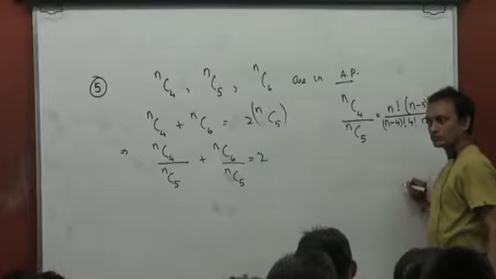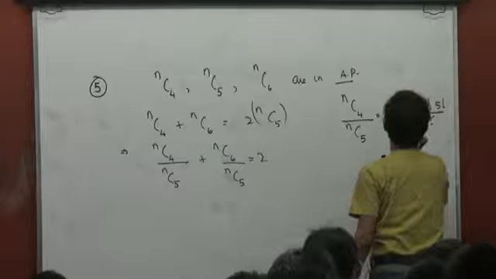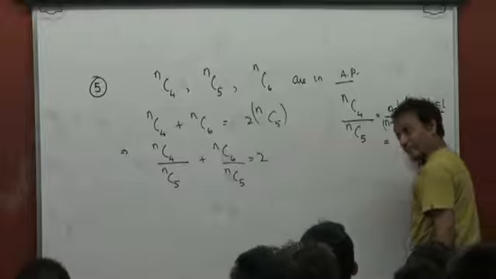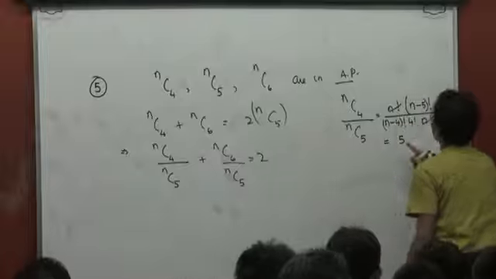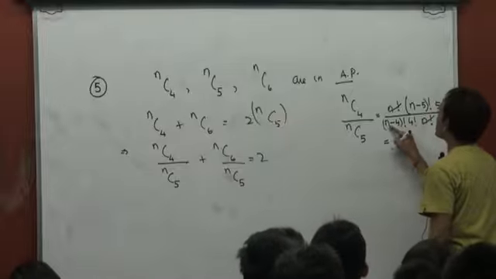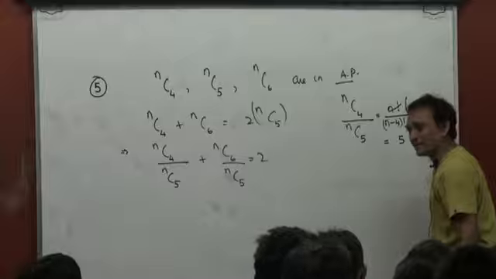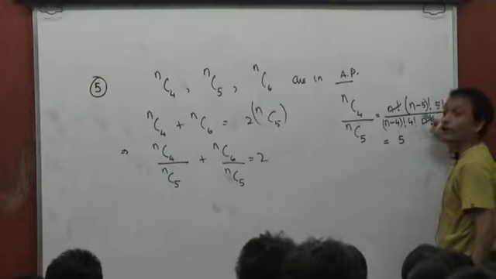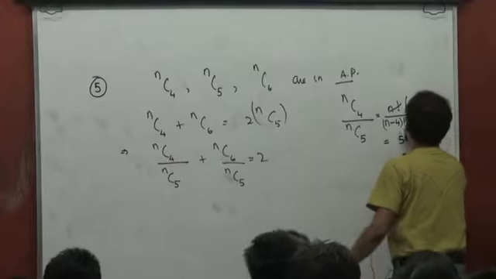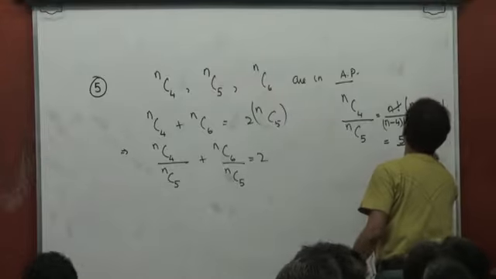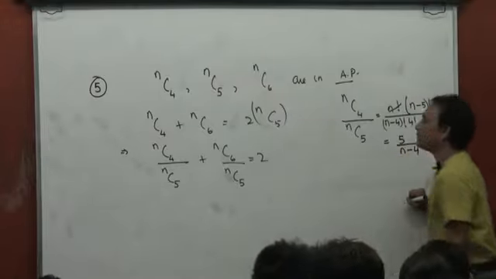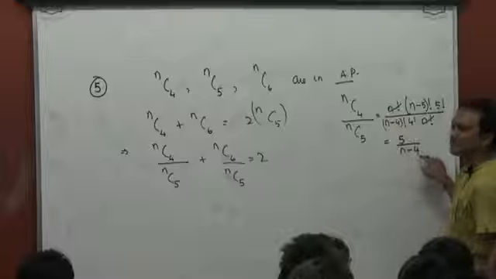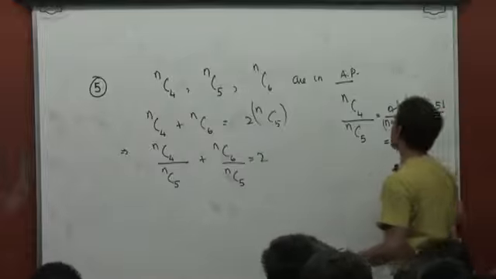Yes or no? n factorial will get cancelled. 5 factorial by 4 factorial will be 5, and n minus 4 factorial is n minus 4 into n minus 5 factorial. So n minus 5 factorial will get cancelled, leaving n minus 4. So NC4 by NC5 is 5 by n minus 4.